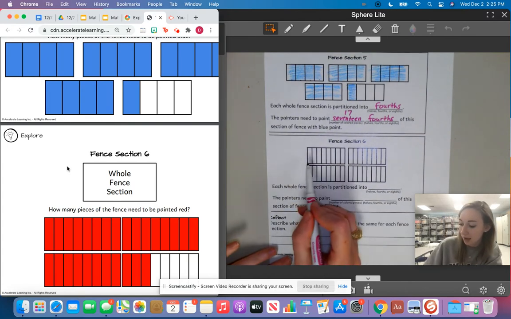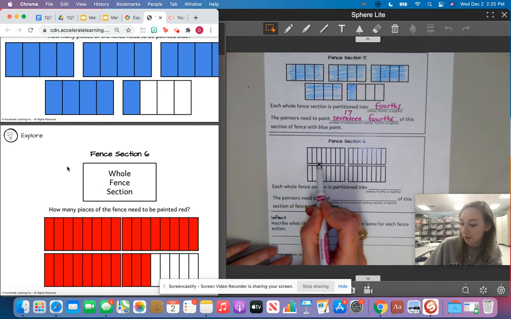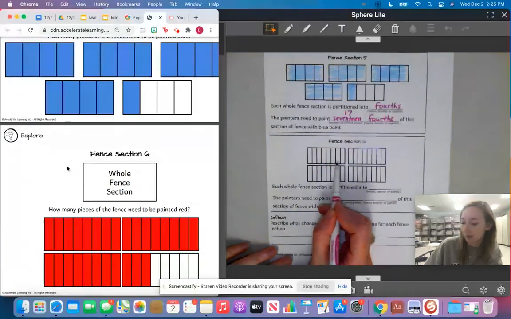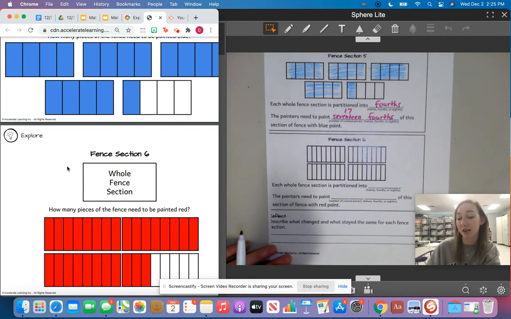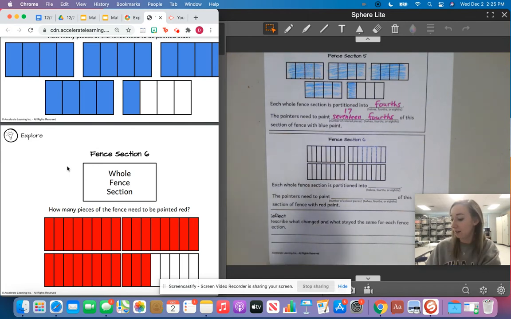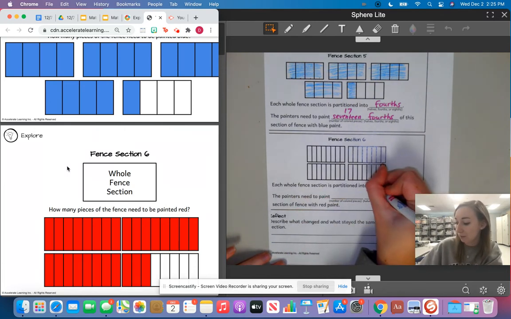This one has 1, 2, 3, 4, 5, 6, 7, 8 parts, right? And they're all equal. So are we talking about halves, fourths, or eighths? What do y'all think? 8 equal parts means that we have them partitioned into eighths.